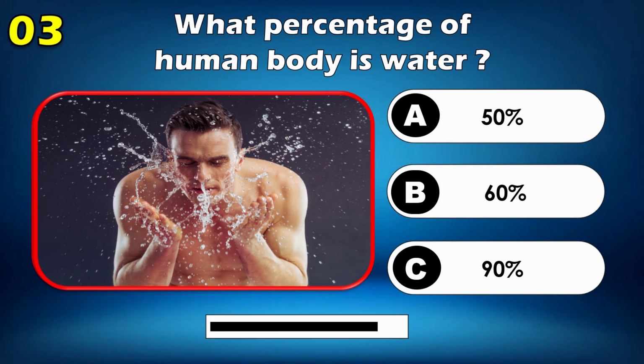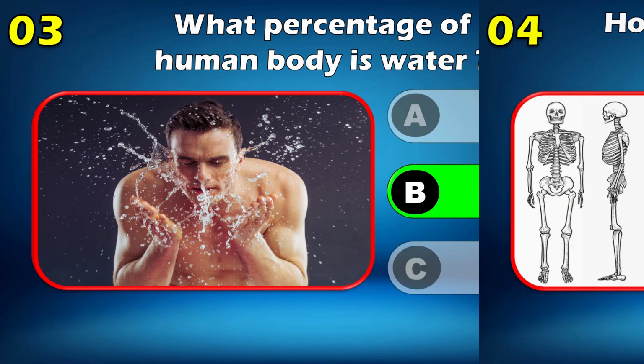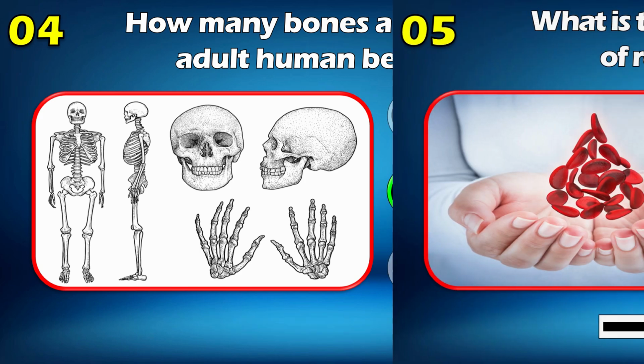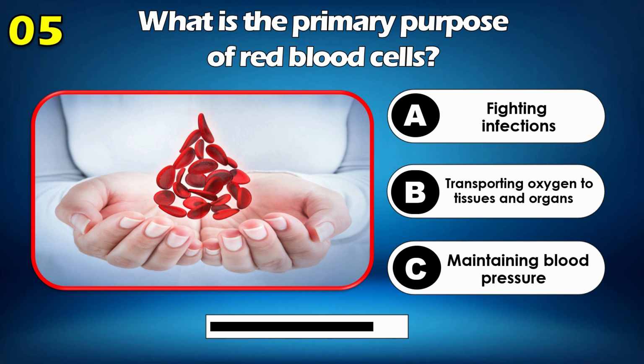What percentage of human body is water? 60%. How many bones are in the adult human being? 206. What is the primary purpose of red blood cells?